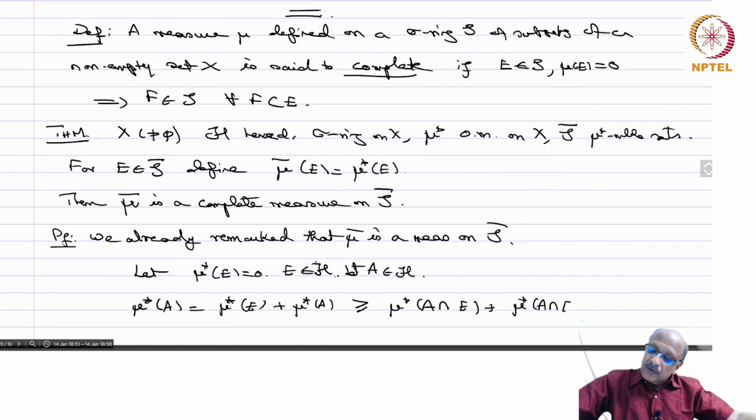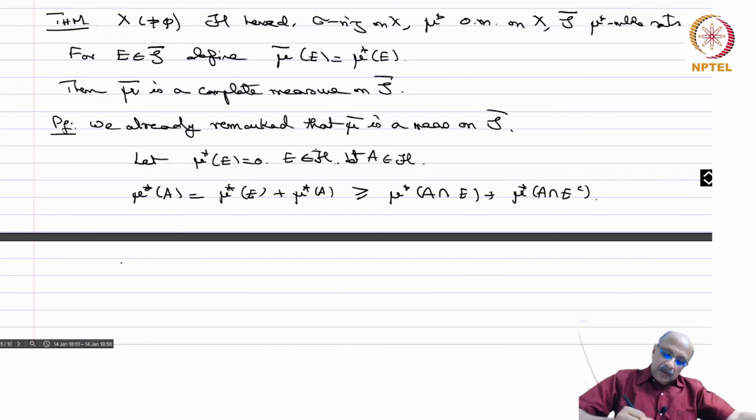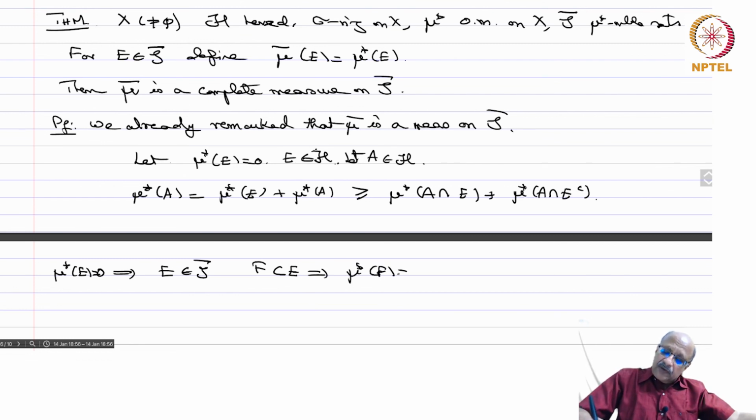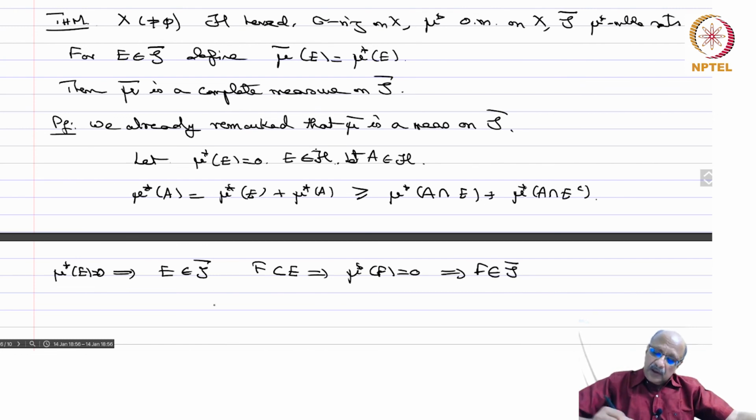So this is true. So this implies that if mu star of E equals 0, then E belongs to S bar. Then F contained in E implies mu star of F is also 0 by monotonicity, and therefore F also belongs to S bar. So this implies that mu bar on S bar is complete.